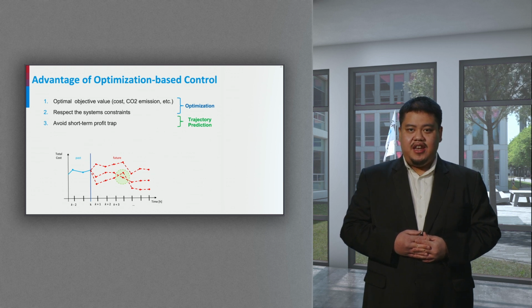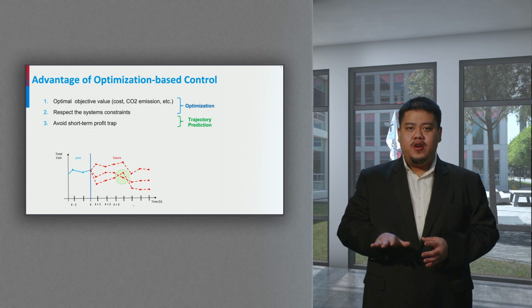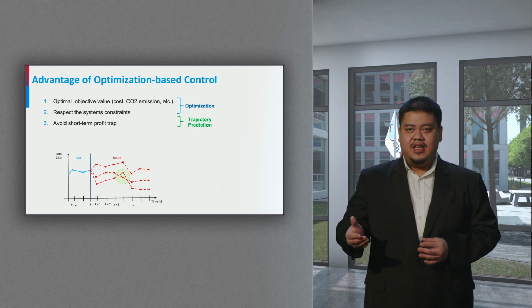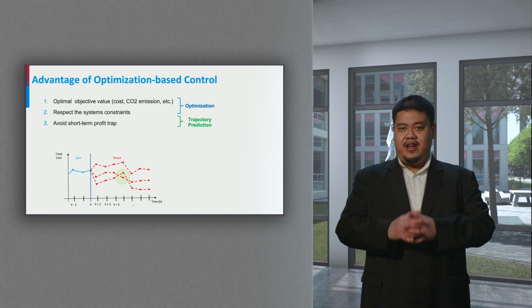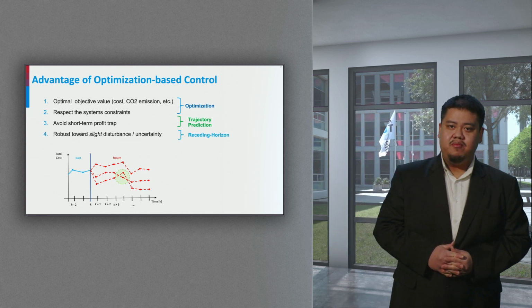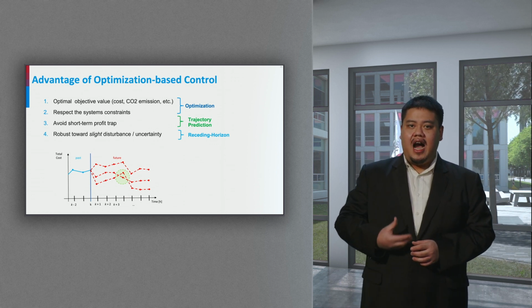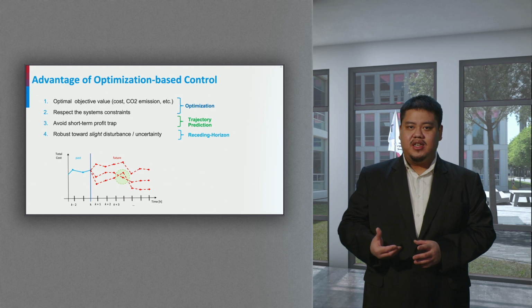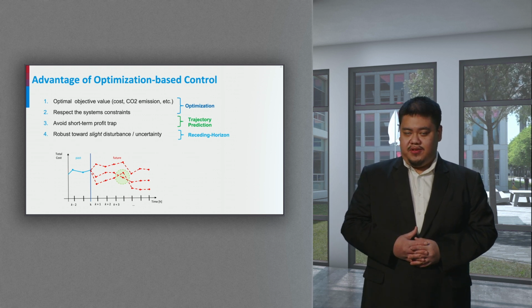As you can see in the figure, some decision might lead to a trajectory with lower cost at a certain time step. However, by making longer predictions, we can see that the decision leads to higher costs. Finally, by repeatedly implementing the decisions and updating parameters, we can account for unforeseen variables, so the resulting decision is robust toward disturbance or uncertainty.